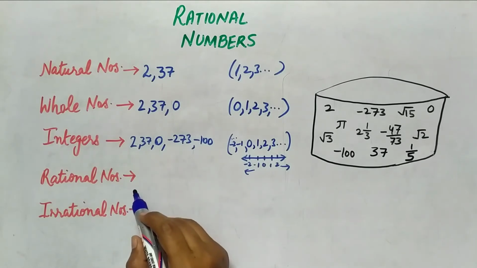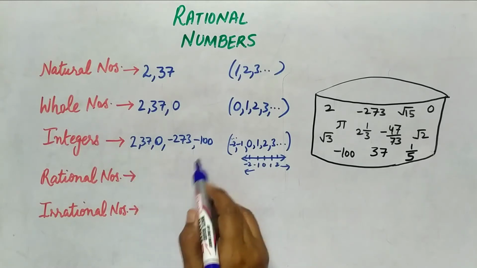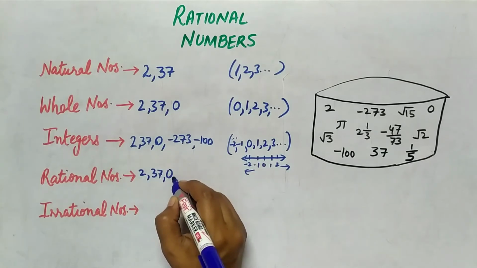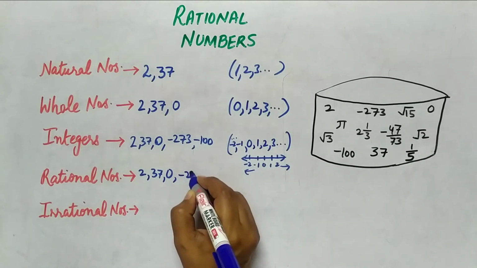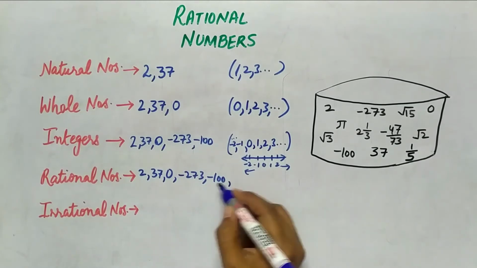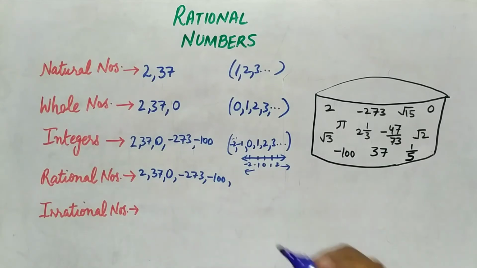Next is rational numbers, which is our topic. Rational numbers are in the form of p by q. They include the integers. Integers are also rational numbers. And which other numbers are left?